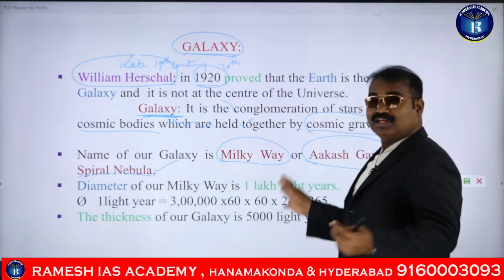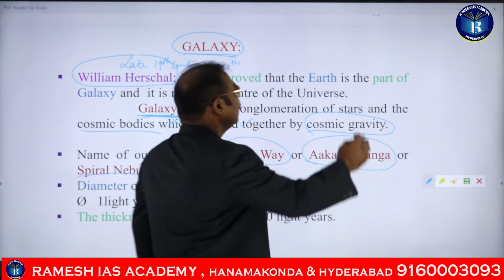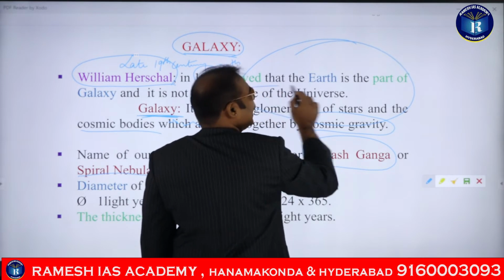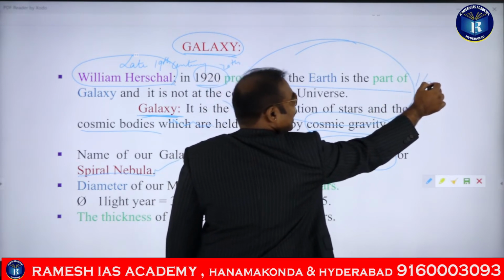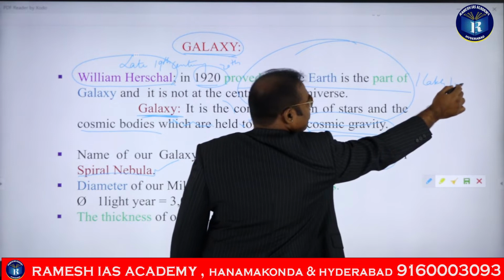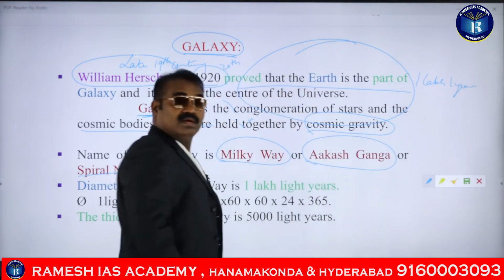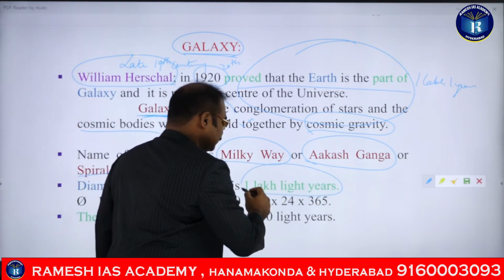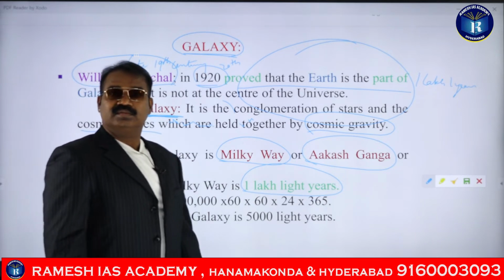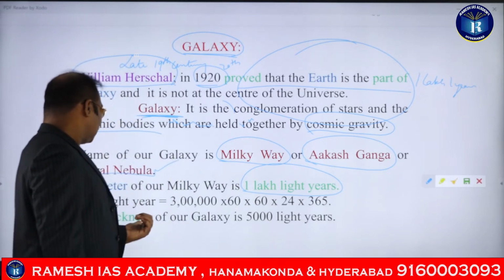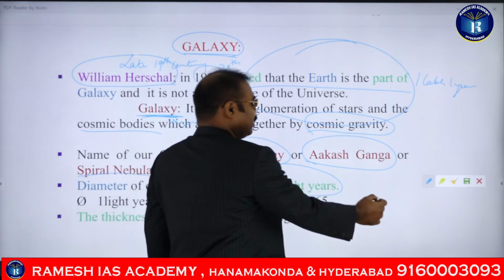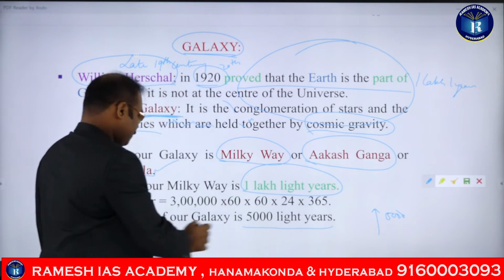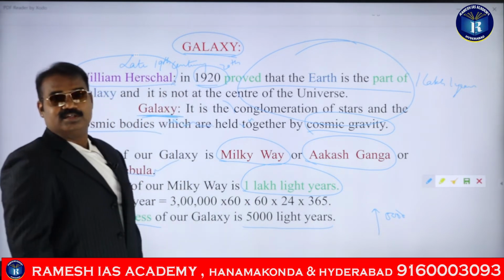And when it comes to the diameter of our galaxy, guys, the galaxy also looks like an egg. The diameter of our galaxy is 1 lakh light years. And the thickness of our galaxy is 5,000 light years, guys.